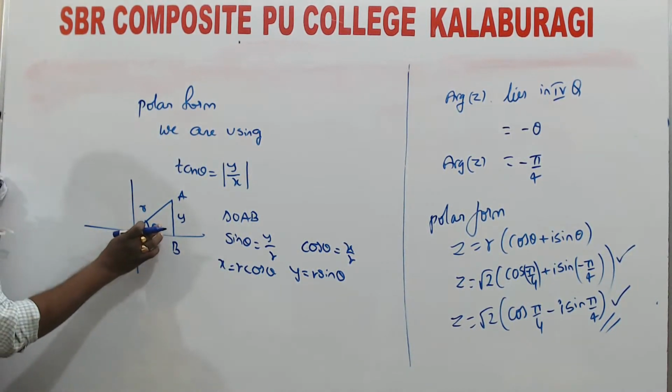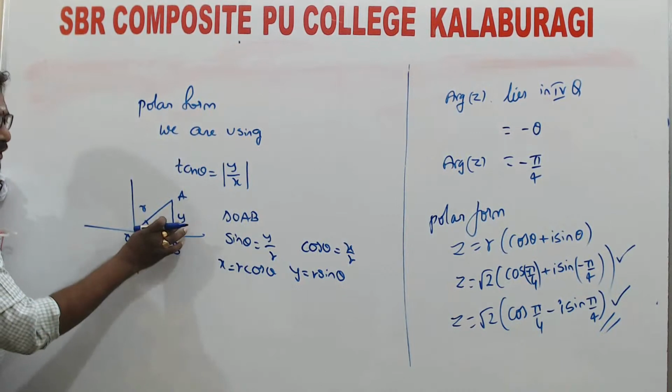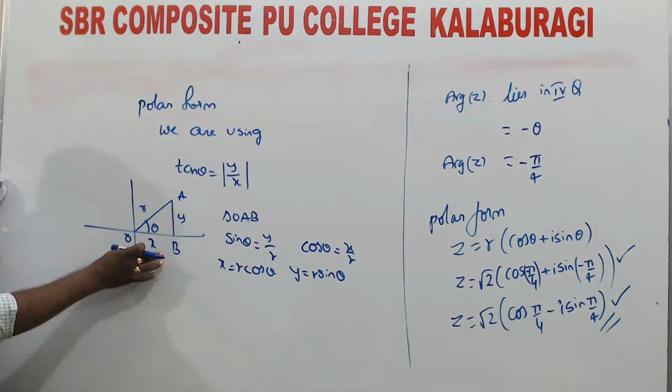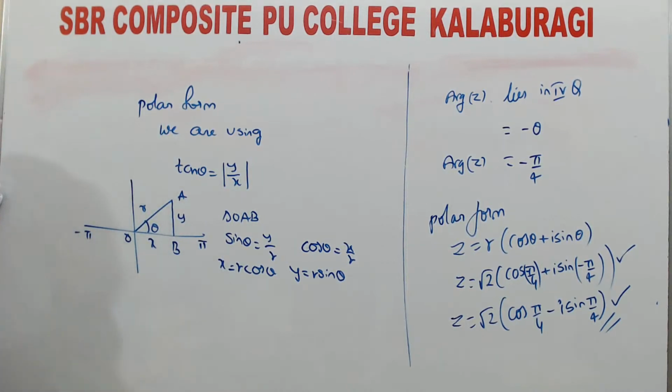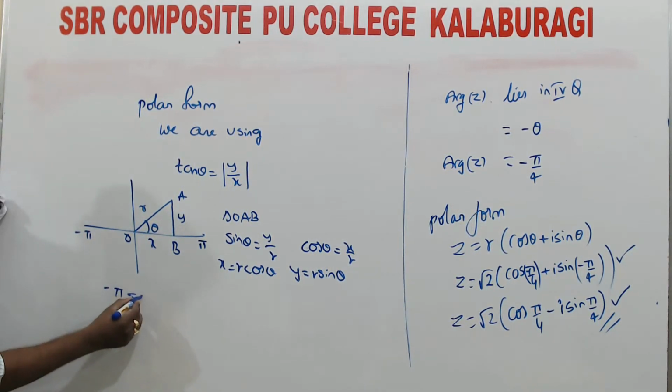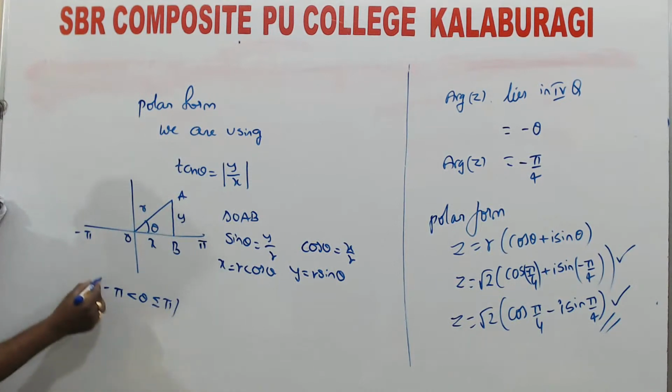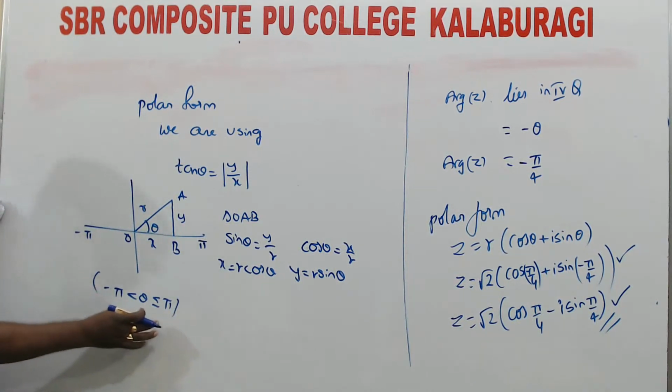We are taking tan theta equals opposite side by adjacent side in the first quadrant, as the principal value lies between pi and minus pi. Principal amplitude: minus pi less than theta less than or equal to pi. Therefore, minus pi to pi we are taking.